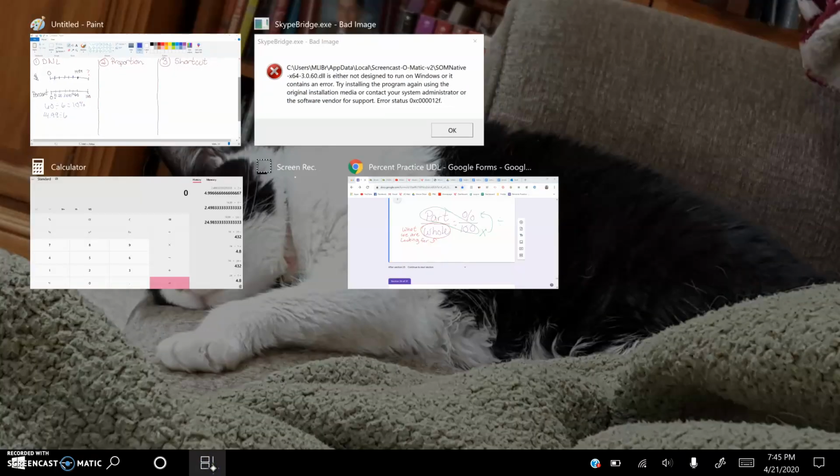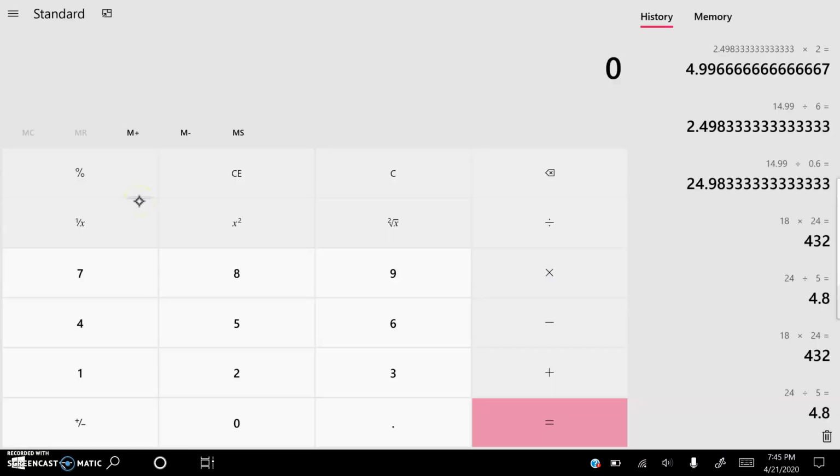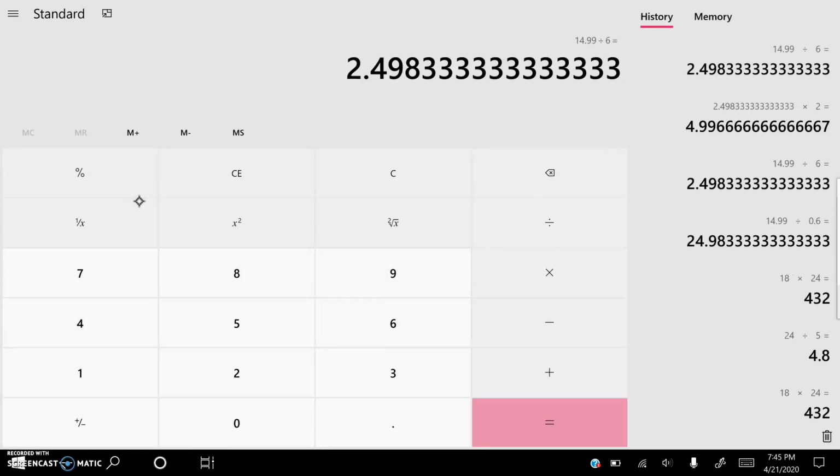So let's grab our calculator, and we are going to do $14.99 divided by 6. That gives us 2.498. Now I am going to use 3 numbers after the decimal here, even though when we talk about dollars and cents, we usually only go 2 places after the decimal.